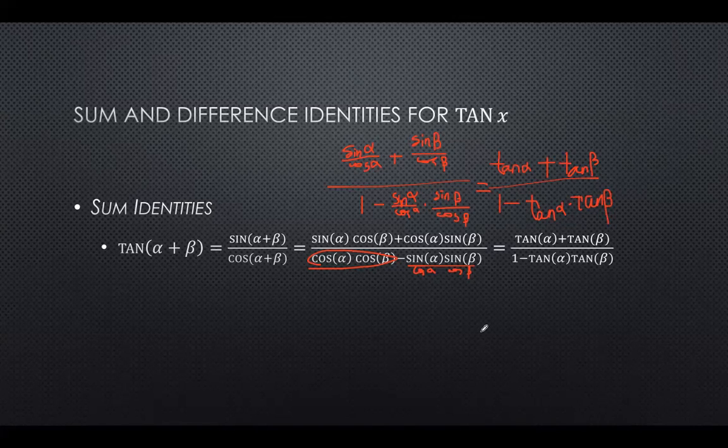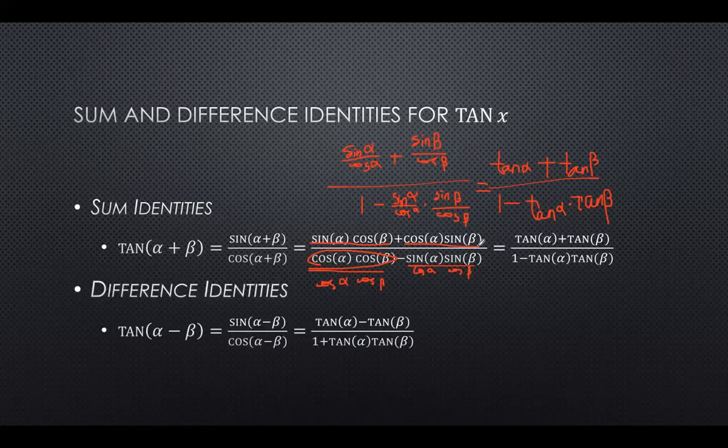Okay. And you can work the same way to get the difference identity for the tangent as well. Basically, just apply the difference identities for sine and cosine, and then divide by cosine alpha and cosine beta on both sides of the fraction. Okay.